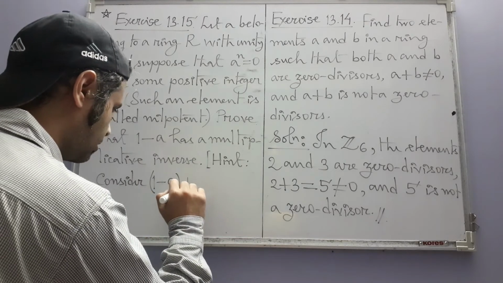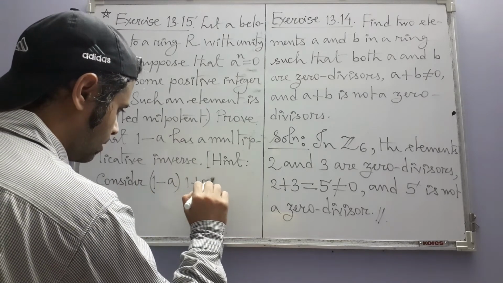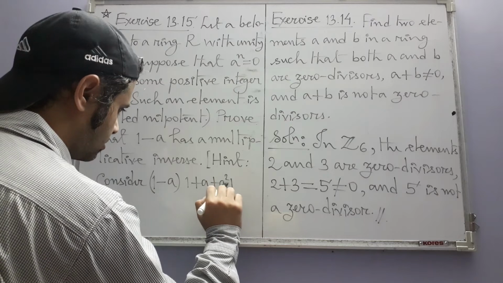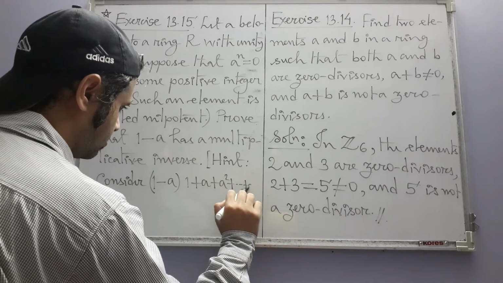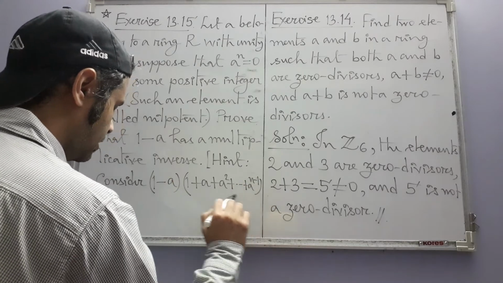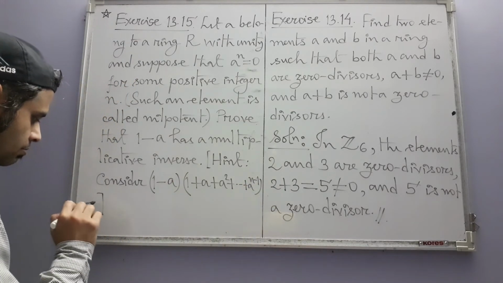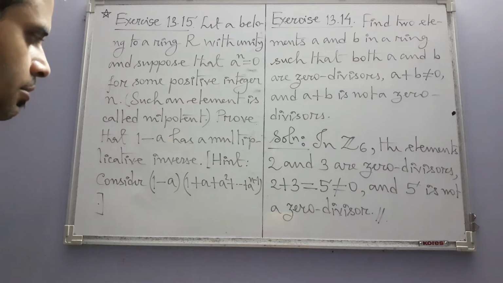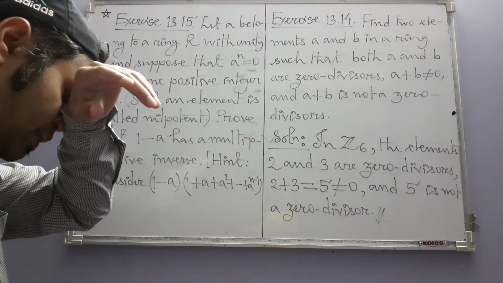We need 1 here, 1 plus A, plus A squared, like that, up to A to the power n minus 1. You need to consider this product. So what is given to you here?